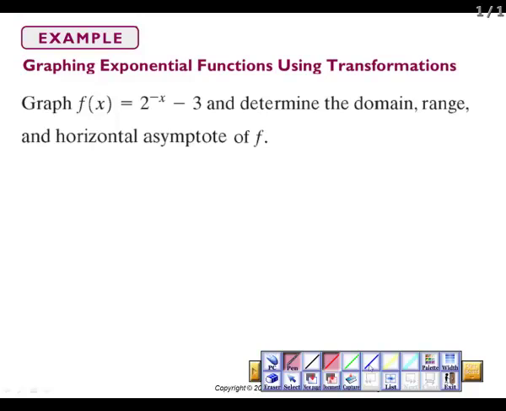So let's say, just as a review, that we had f of x equals x squared minus 3. Well, here's y equals x squared, before any transformations occur. So this minus 3 is going to make it shift down 3 spaces.